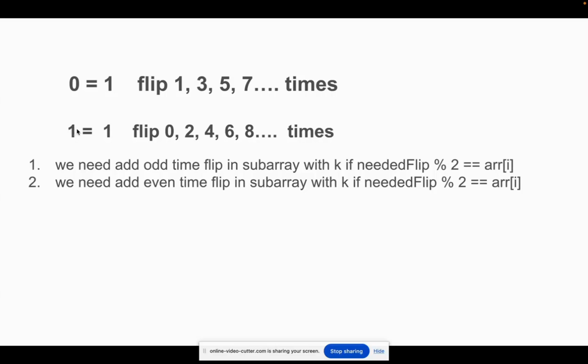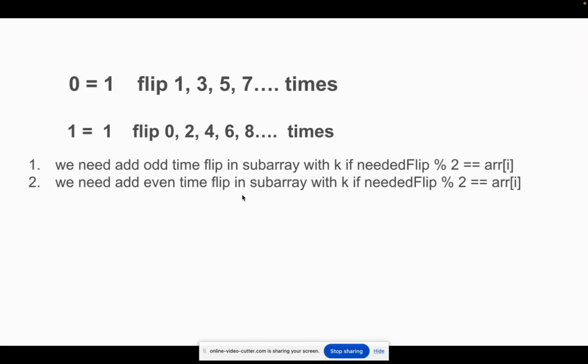We do not need to flip this one because it is already 1, or if we flip it 2 times, the 1 is still 1. Just like these two statements, we need to add all odd-time flips in the subarray. In our case, if needed, multiply by 2 equal to the current value. Now here, the second statement is even-time flip.